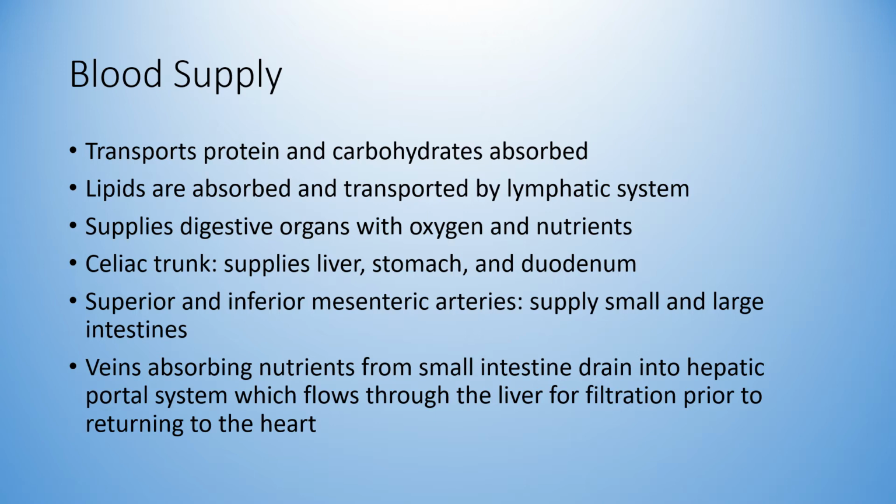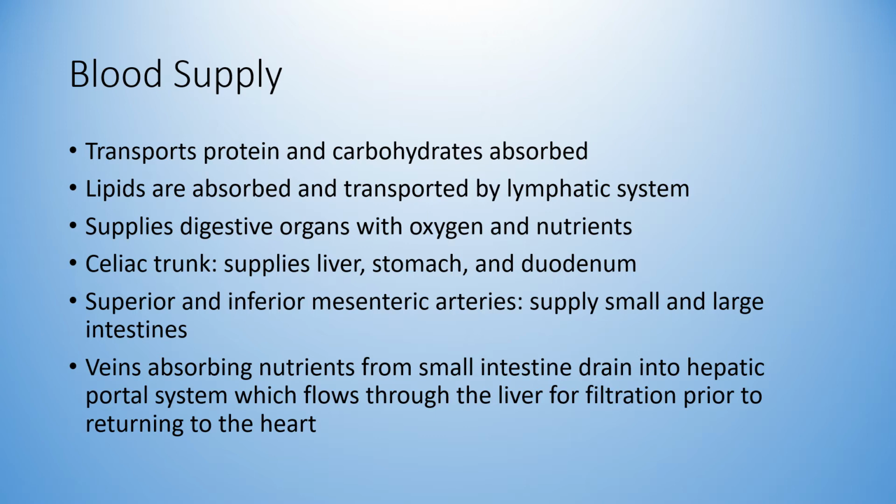It's going to be transporting those proteins and carbohydrates that are absorbed. Lipids tend to be absorbed and transported by the lymphatic system, which eventually does drain into the blood supply.